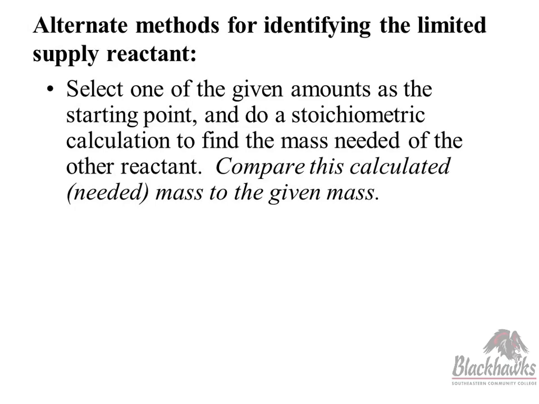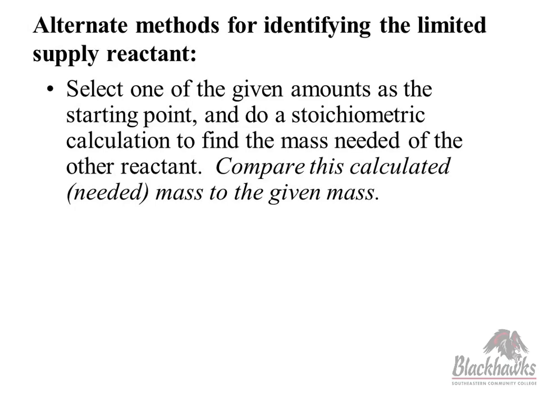Here are two alternatives. Sometimes students really like this. If you had two reactants like we did, pick one reactant and do a quick stoichiometric calculation to see how much of the other one you'd need if you use all of it up. If you have extra, then that one must have been the limited supply. If you don't have enough, then the one you started with is in excess.